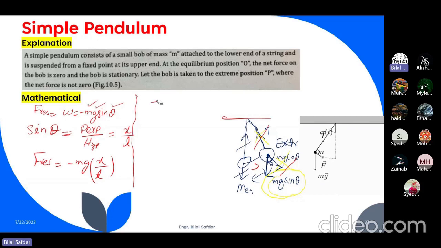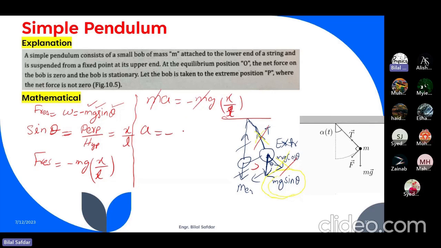That is the normal force, ma, which is equal to minus mg x by L. Both sides cancel m, and we get the acceleration, minus g divided by L into x. You can notice that the length of the string remains constant, and the value of g is also constant. We can put a constant here like the previous one.